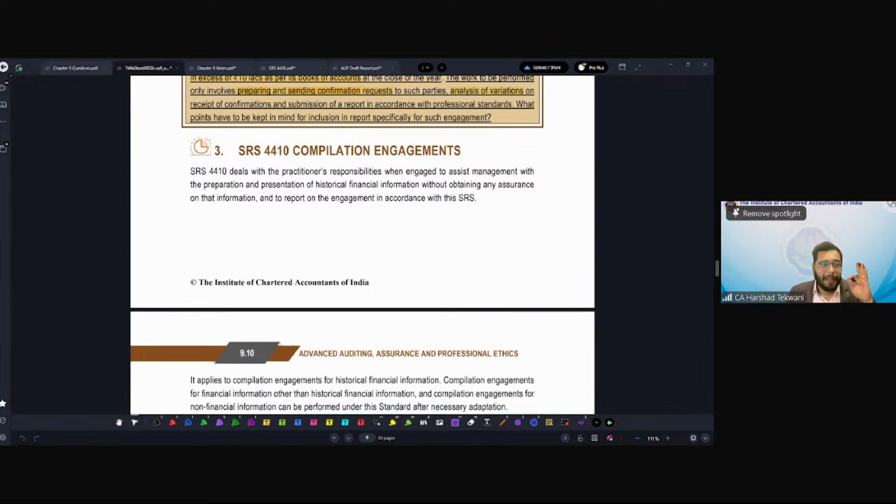You help them compile the financial statements, but you do not issue any opinion. Are you getting the point? You help management compile and prepare the financial statements, but at the end, you do not issue any opinion.